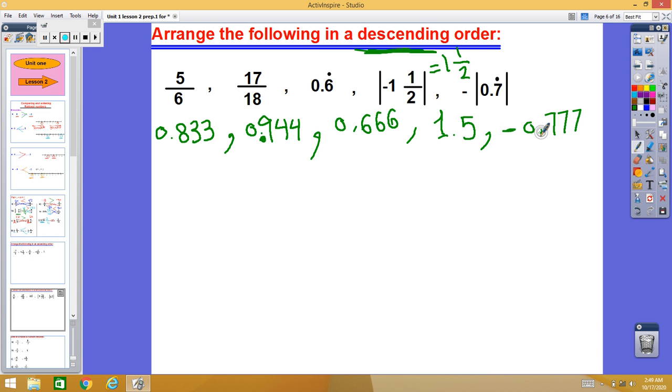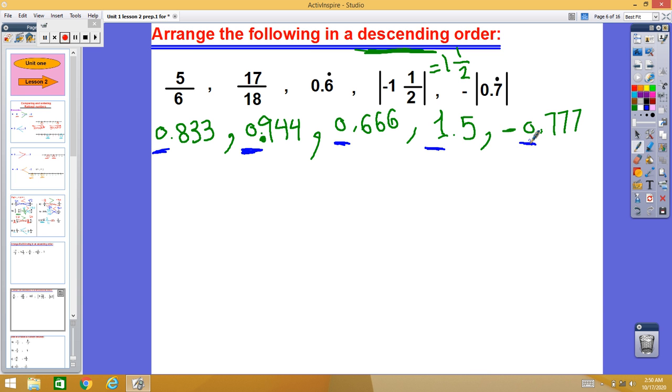Now we want to order these decimals in descending order. First, we look at the whole number. Here we have 0, 0, 0, 1, 0. We want to arrange these decimals in descending order, so we need the greatest whole number.